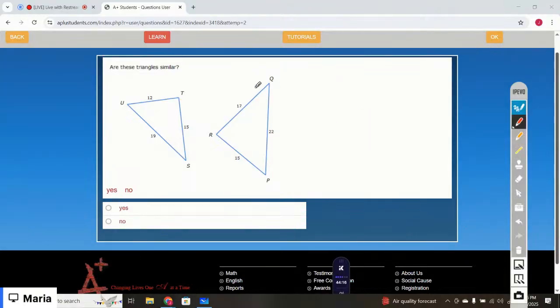Okay, let's just form a proportion between their similar sides. QR is similar to ST. QR is 17 and ST is 15.